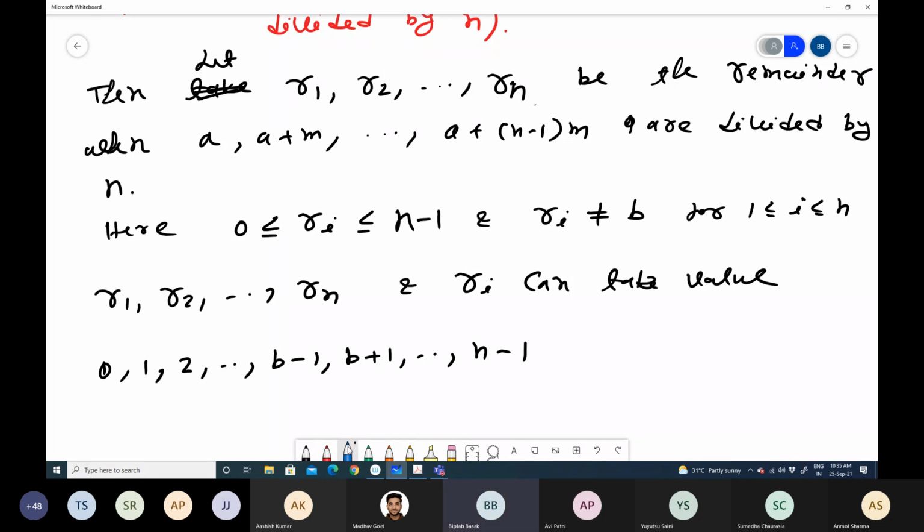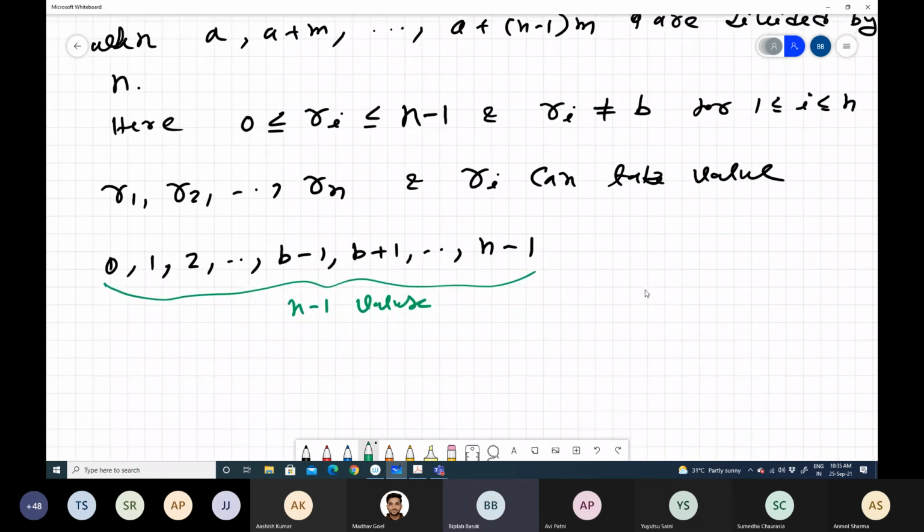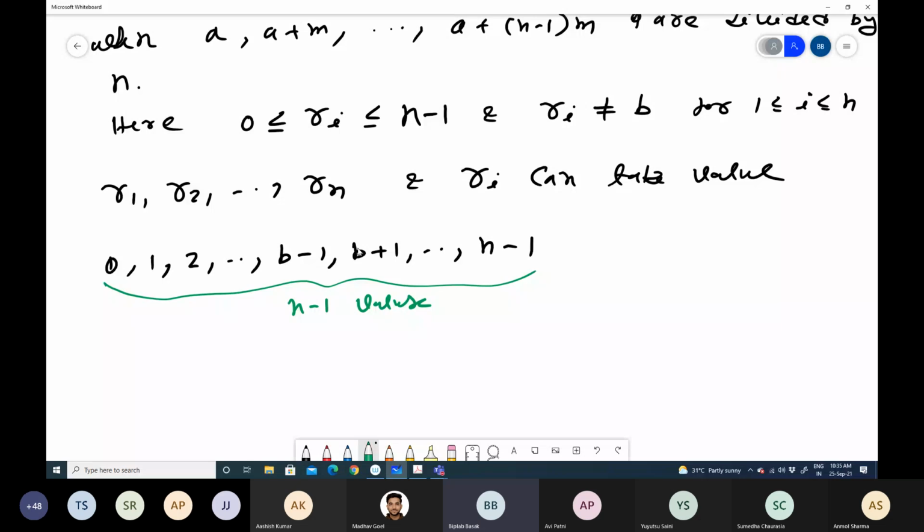Now here you have a total of n minus 1 values, because it is 0 to n minus 1 and b is excluded. So this total of n minus 1 values, we are writing as my holes. And we have here n values, and these are my pigeons.